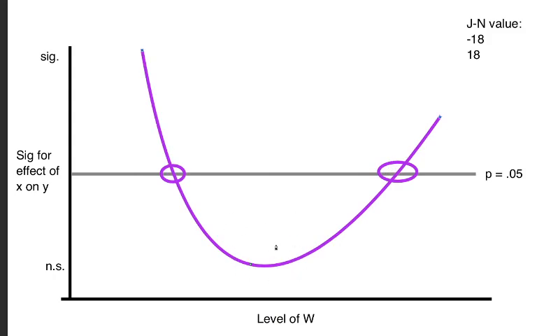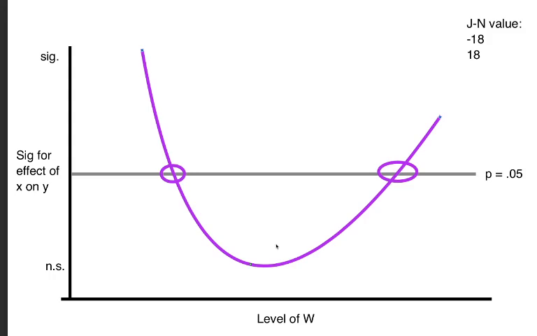If this is what we had found for our example in the lab, I would have interpreted it by saying that at very low population densities, below 18 units below the mean, higher attractiveness leads to more souls harvested.